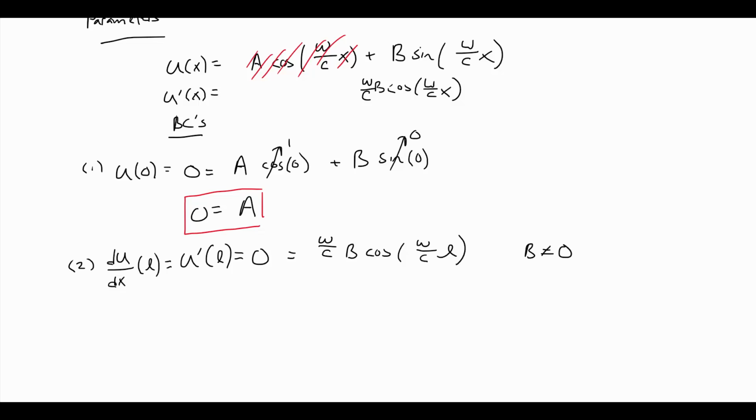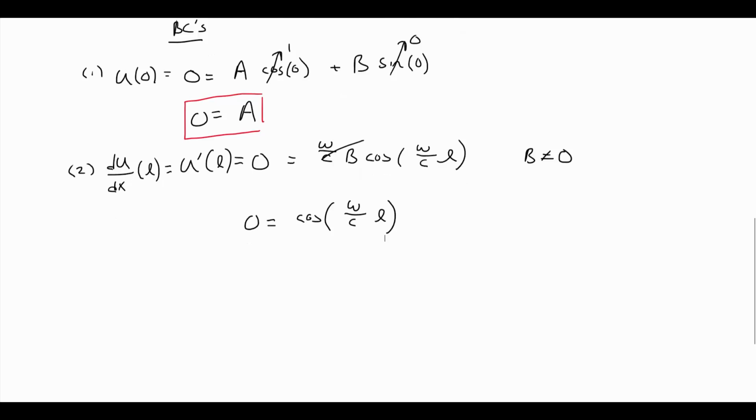So what that lets us do is divide through both sides by omega over c, because omega and c are both non-zero. B we know has to be non-zero, so then 0 must equal the cosine of omega over c times L. So if the b part is not 0, what makes this term 0 must be the stuff inside the cosine. So it must be this omega that is making this term equal to 0.